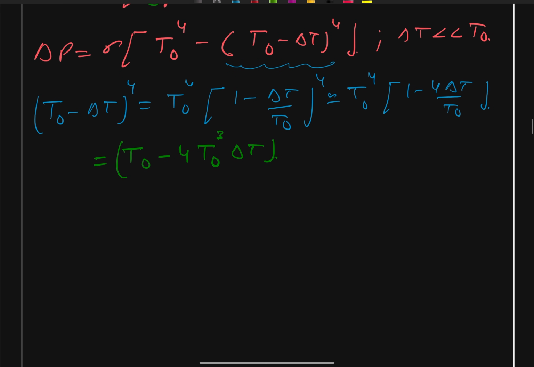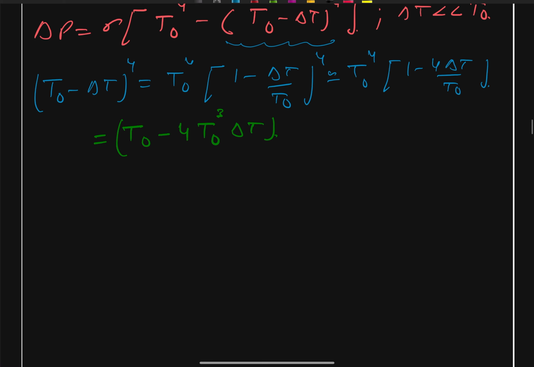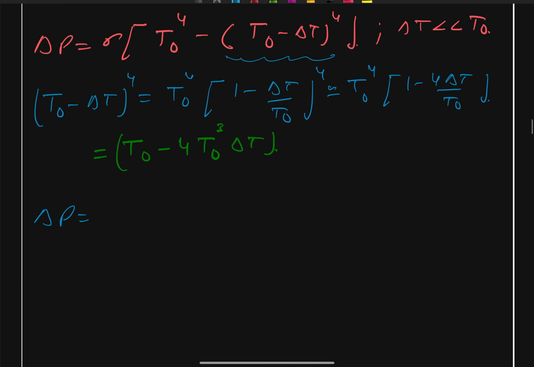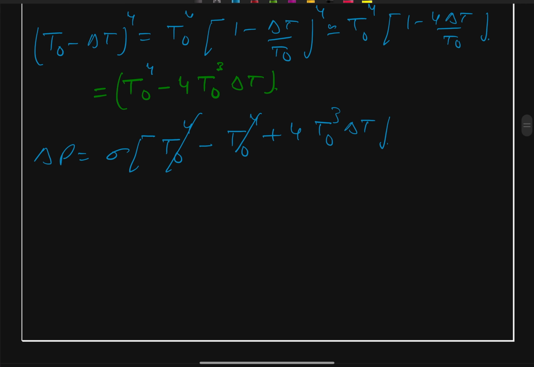So we substitute it, we get delta P equal to Boltzmann constant times T naught 4 minus T naught 4 plus 4 T naught cube delta T. T naught 4 cancels out, and we get that delta P will be equal to 4 sigma T naught 3 delta T. So it means our option B is correct.